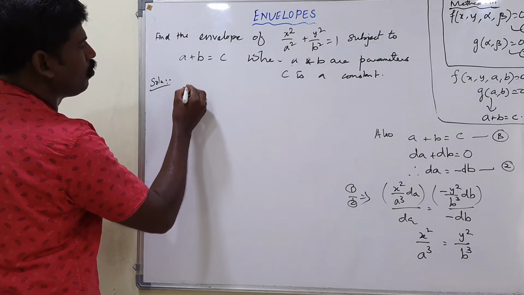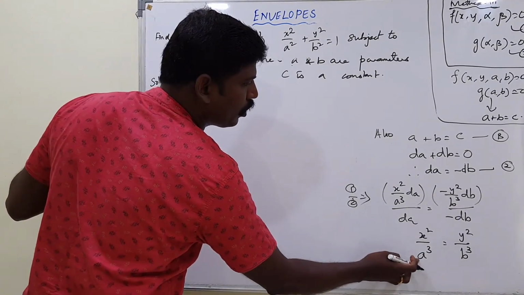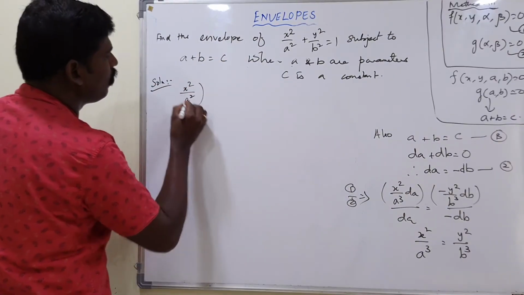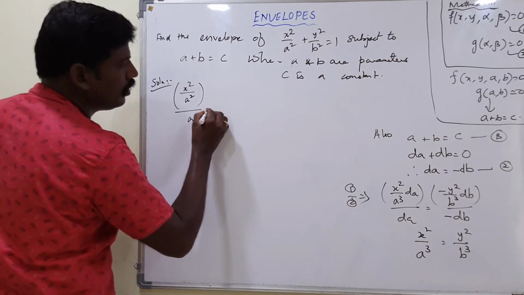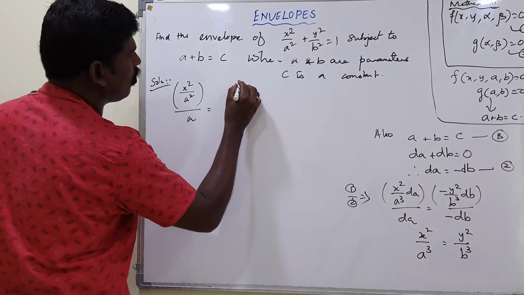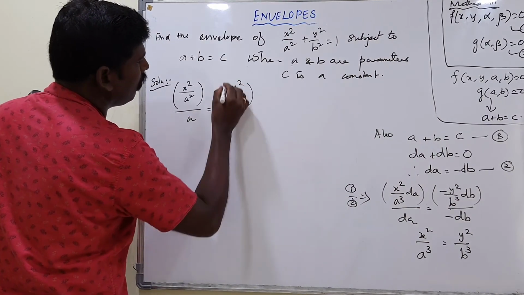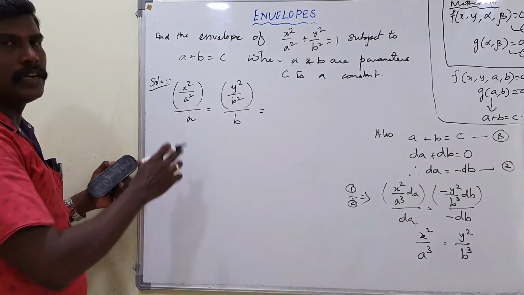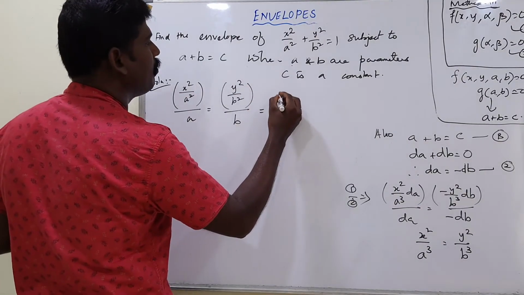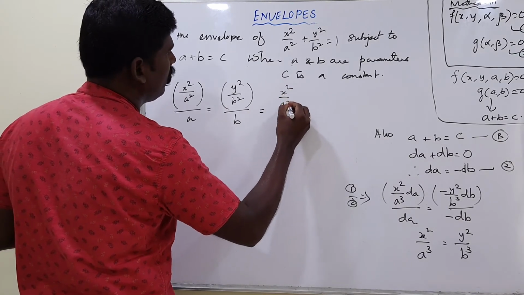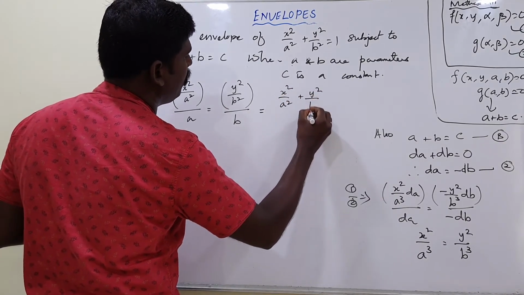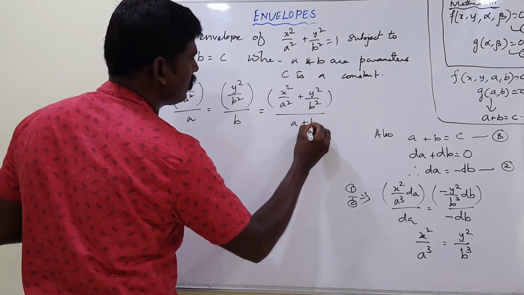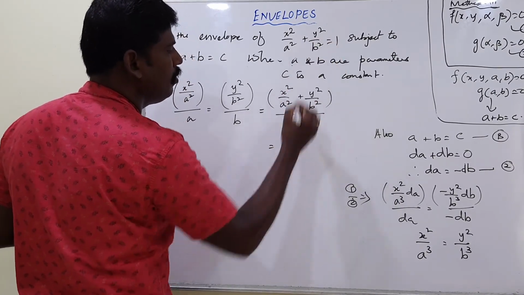Taking the a³, take a² into the numerator, so (x²/a²)/a. Same like that, it can be written as (y²/b²)/b. Now applying the componendo and dividendo method, adding both of them, that is equal to (x²/a² + y²/b²) divided by (a + b). What is this value?